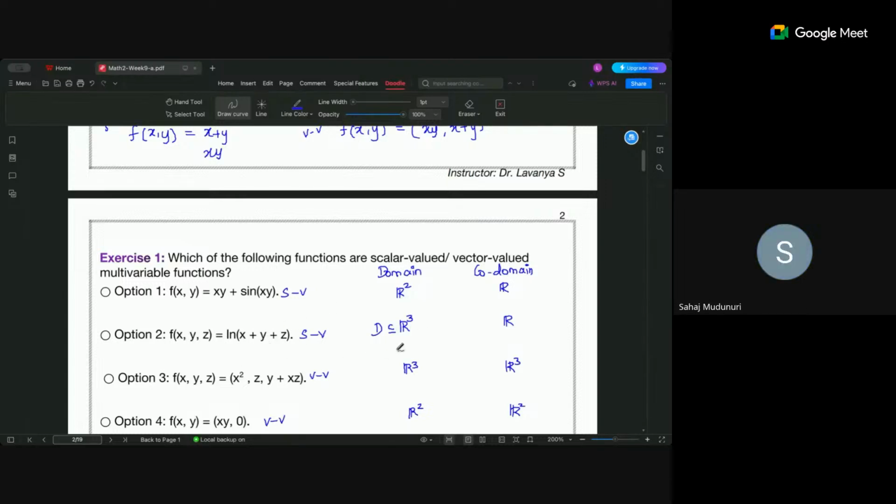As long as D is in R3, it can be R3 or any subset of R3. Maybe let's discuss it later. For now, let's first see what scalar valued and vector valued are. About logarithm especially, we will discuss later. So D can be R3 or a subset of R3. Ma'am, my mistake, it should be x plus y plus z greater than 0. Okay.